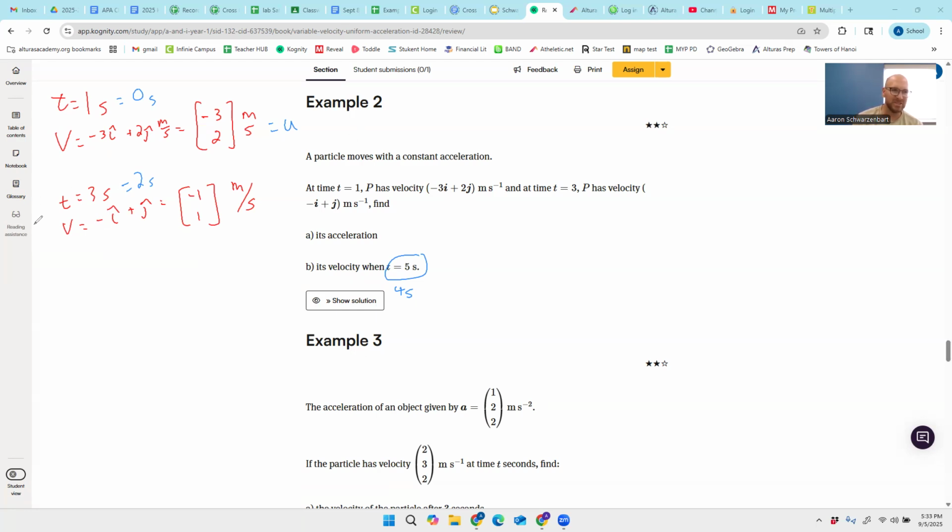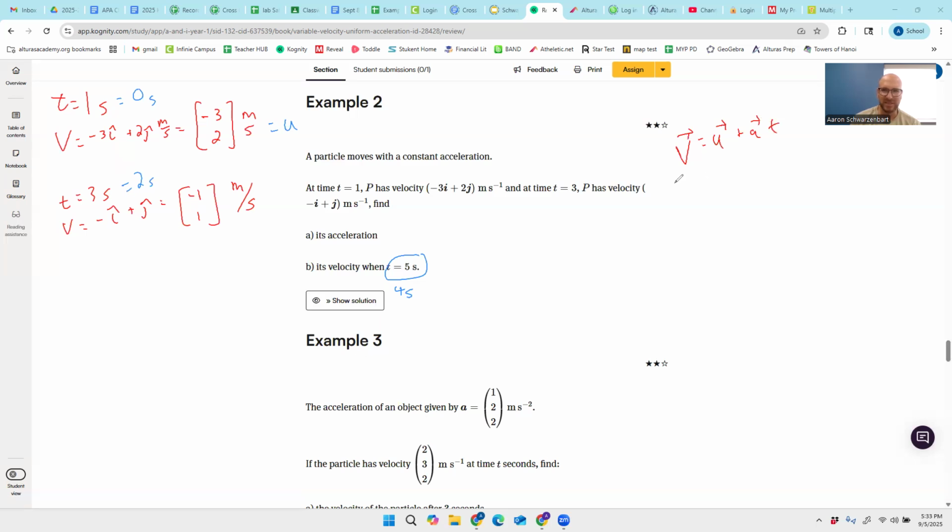But now, if I change those, I can just use my equation: V equals U plus at.